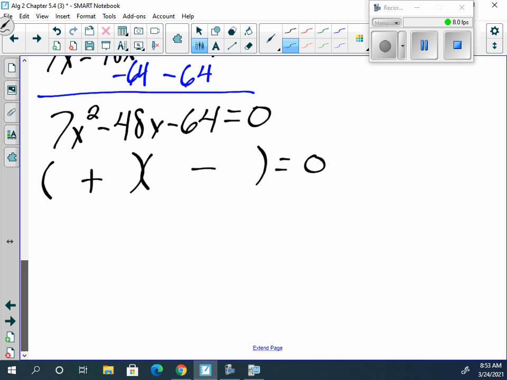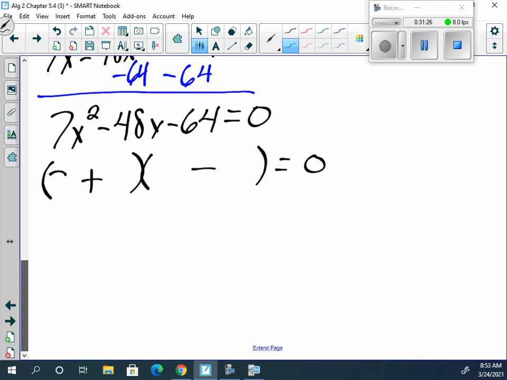Now, this is kind of just with doing these factorings for so long. I know the middle term is negative, yes? So the bigger of these two multiplications, when we multiply out to get back there, needs to be negative, yes? So, however 64 works out, I know for sure 7 is going to give us a big number when we multiply, because the other one is going to be 1.